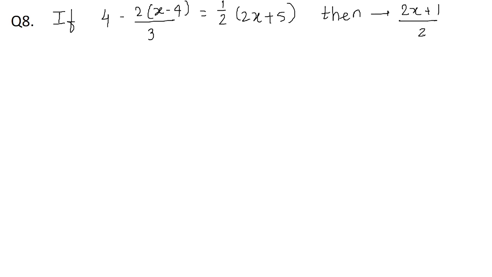Now, it is a very easy question. Simply solve it by making the denominators the same. Now look here, in case of 4, the denominator is not mentioned. But if the denominator is not mentioned, the denominator should be 1.